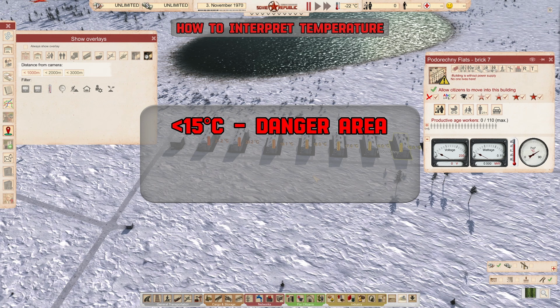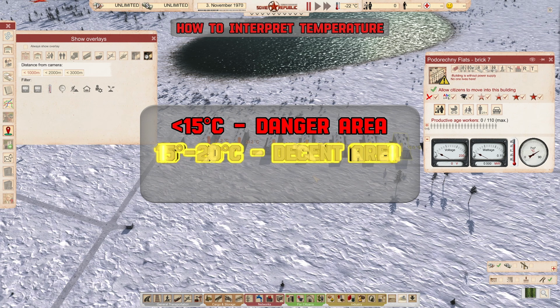This is what I usually call a heating death spiral. Basically, if you don't instantly fix it, you'll end up in a place where doctors can't work due to being sick, workers won't work at your heating plant due to being sick, and everyone dies a freezing death or escapes the country due to hypothermia.